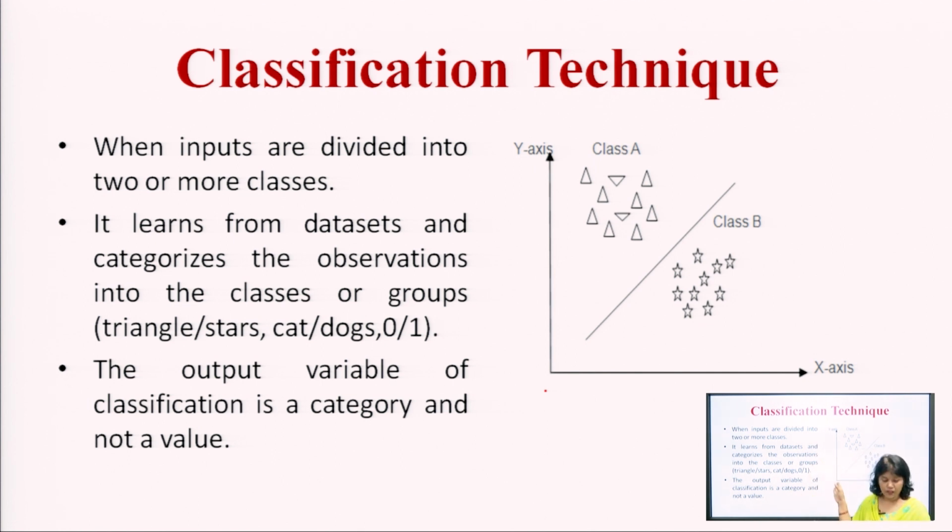Suppose in the first class you have triangles, and in the second class there are stars. Or suppose this is the pass class and this is the fail class. For the classification technique you will prepare one model.